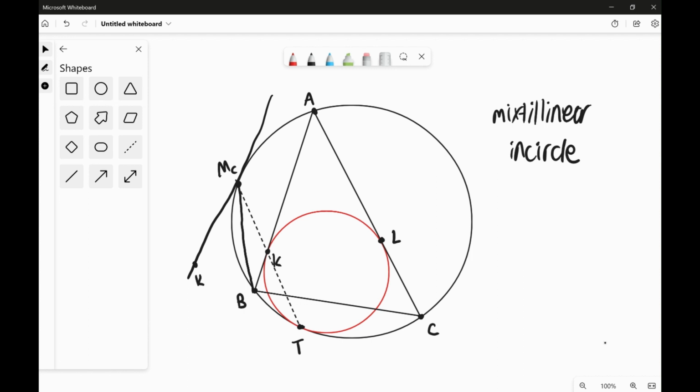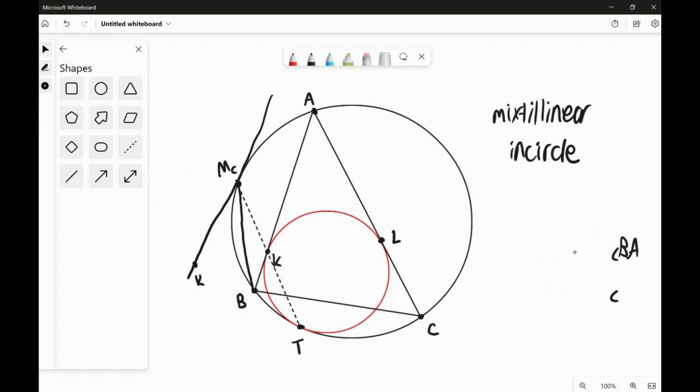We have that the directed angle KMCB, because of the tangency condition, is equal to directed angle MCBA. And we also have, because MCB is equal to MCA, it's also equal to BAMC. And that implies that the two lines are parallel.